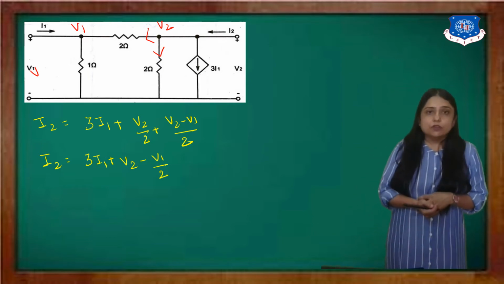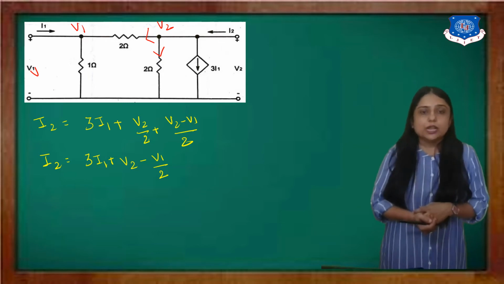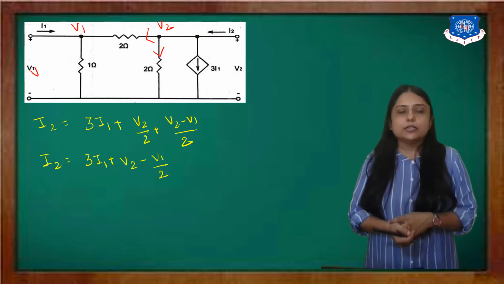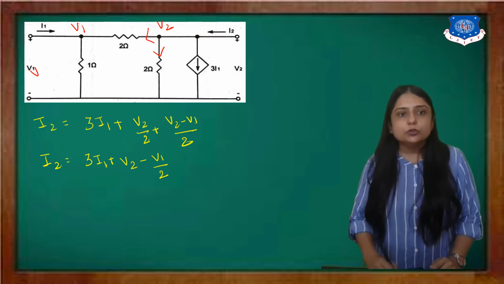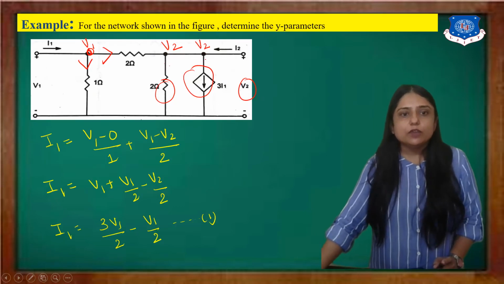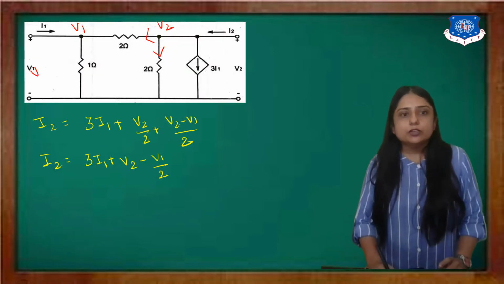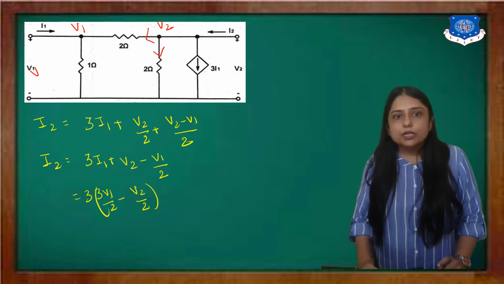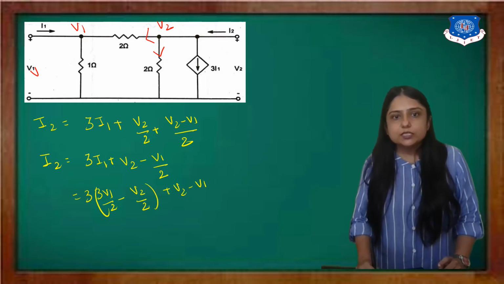But here I want the equation of I2 in terms of V1 and V2. I don't want the term I1. So in our earlier equation we got the value of I1; just substitute that value, 3V1 by 2 minus V2 by 2. So I get 3 times (3V1 by 2 minus V2 by 2) plus V2 minus V1.